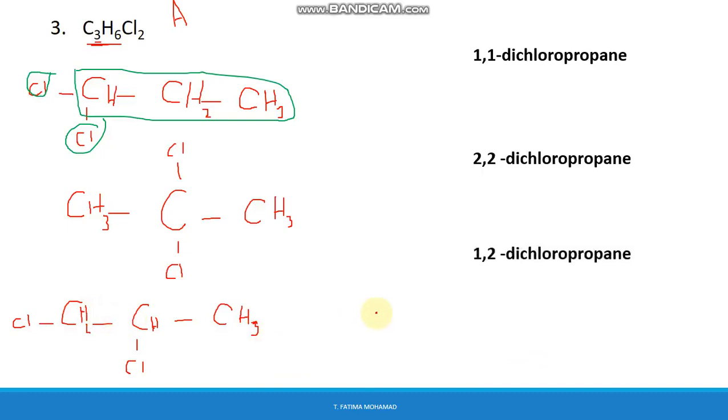Another one we can do: here we can put them on carbons 1 and 3. So Cl, and here Cl. Here it needs 2 hydrogens, here 2 hydrogens, and here 2 hydrogens, and the name of this one is 1,3-dichloropropane.